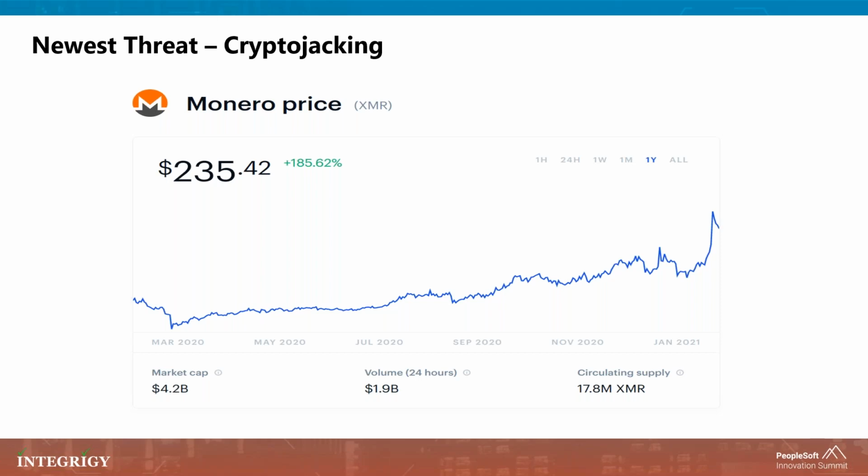And as you can see, there's $2 billion transacted yesterday. So this was Monero's price yesterday, and you can see this is a dramatic uptick in the price of Monero. Therefore, even today, it's more valuable to do this than it was yesterday, than it was 6 months ago. And $2 billion transacted yesterday in Monero coins. So this is one of the new threats. Somebody may not be after your environment.